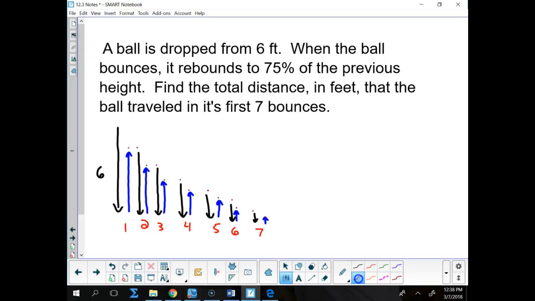So, I'm going to do the downs. So my first term was 6, and my R is 0.75. And I have, what do we say, 7? 7 of them.